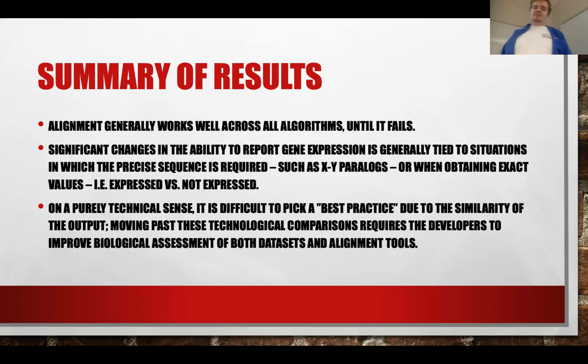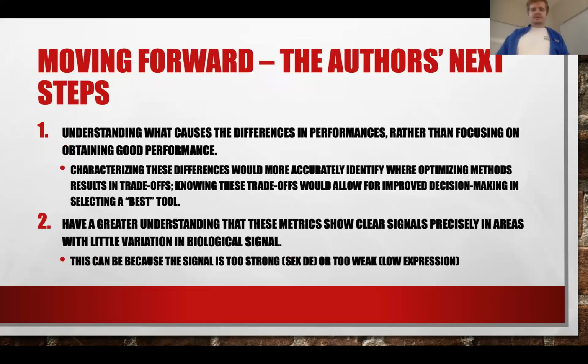This group recommends that we move past these technological comparisons and improve the biological assessment of both data sets and alignment tools. So rather than just comparing how they run in terms of runtime, they need to start looking at how they handle different biological data.